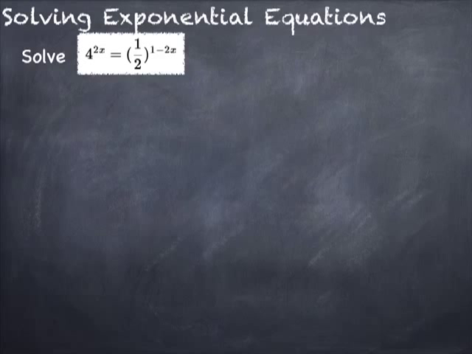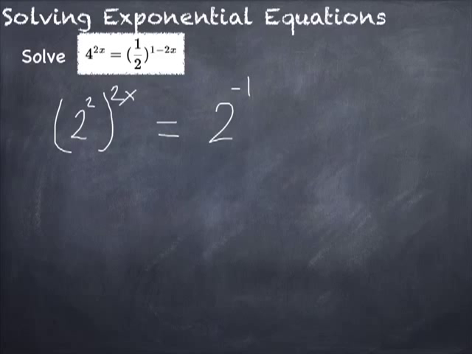So solving these types of problems, well, what we want to do is get both sides into the same base. In this case, I'm looking at a base of 2 because 4 here and the 1/2 here I can rewrite as powers of 2. For example, 4 is 2 squared. So this is really 2 squared to the 2x power. 1/2 is 2 to the negative first power.